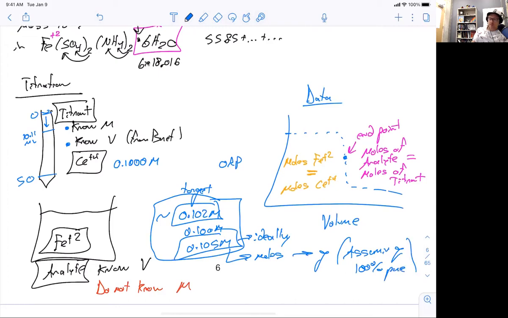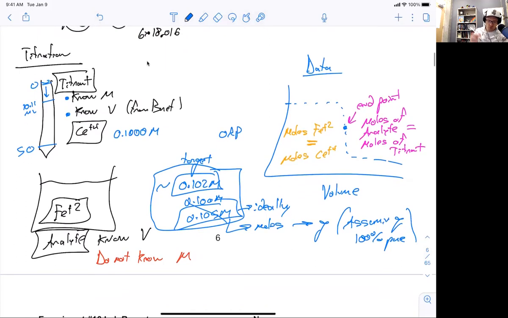And it's not, right? The whole goal is to see how pure it is. So as soon as you dissolve it up, you kind of forget what the molarity is. And you're going to use the titration data to see what the molarity is. I'll show you that right now.